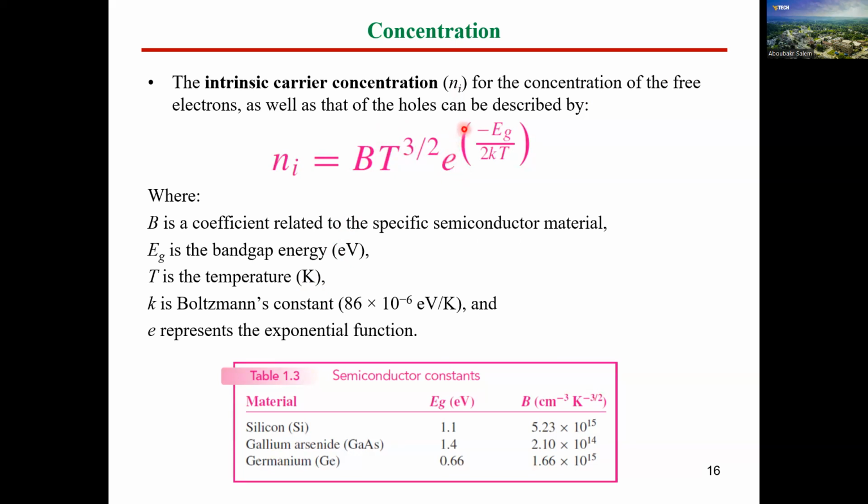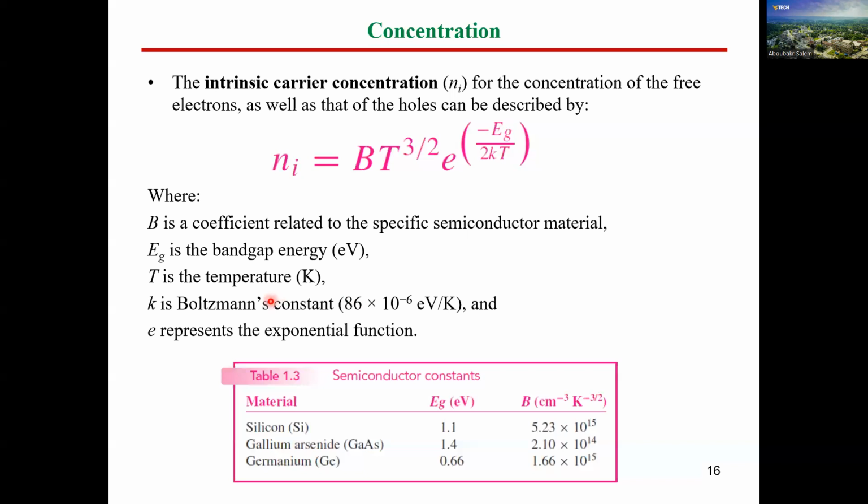And then exponential minus Eg. Yes, we discussed this Eg before. We said Eg is the band gap energy, measured in electron volts, divided by 2kT. k is the Boltzmann constant, which is 86 times 10 to the power minus 6 electron volt per Kelvin.